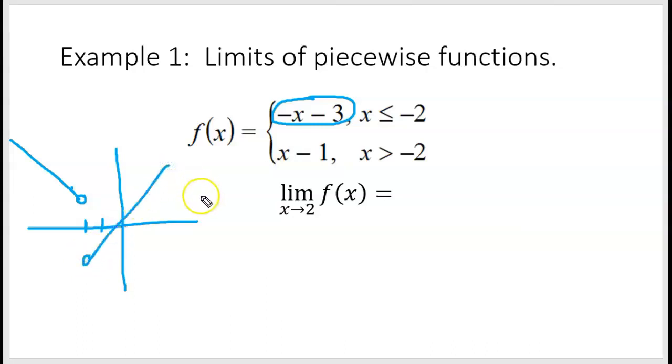I didn't draw it very well, but that's what a piecewise function is. For all x less than or equal to negative 2, it's the function on the left, and for all values of x greater than 2, it's the function on the right.